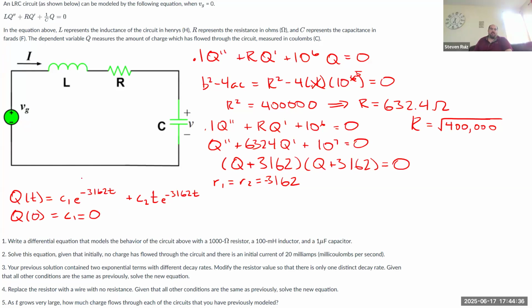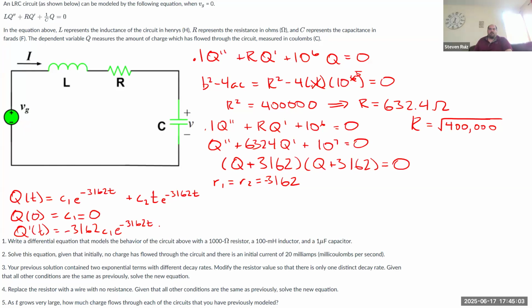That means that my first term that I thought was going to be part of my solution is not going to be part of my solution at all. We still got to find a value for C2. So the way we do that is by taking the derivative. Q prime of t is equal to negative 3162 C1 e to the negative 3162t.